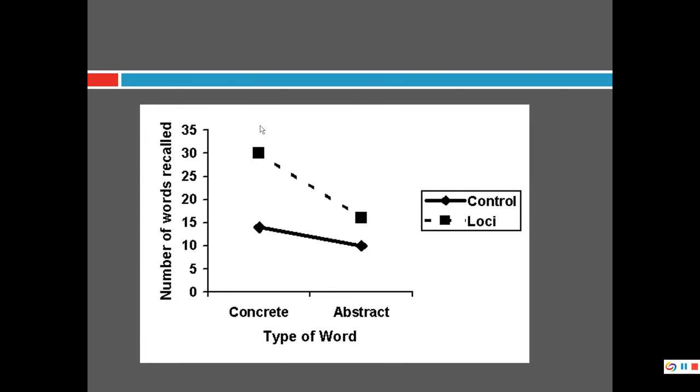So if this was all the information that you had, you would say the method of loci is amazing and doubles the number of words that people remember. And that seems to be supported by your data here. However, if you had just by chance decided that you were going to use abstract words instead, and you only did this study, you might see that the method of loci here for abstract words has people remembering 17, 18 words, and for just a control memory strategy, they're only remembering about 12.